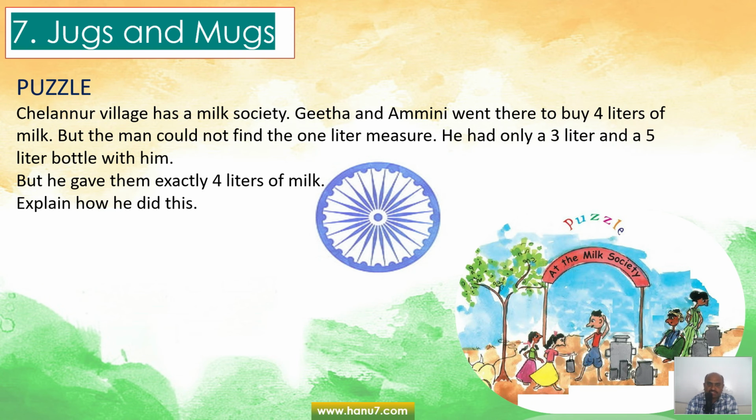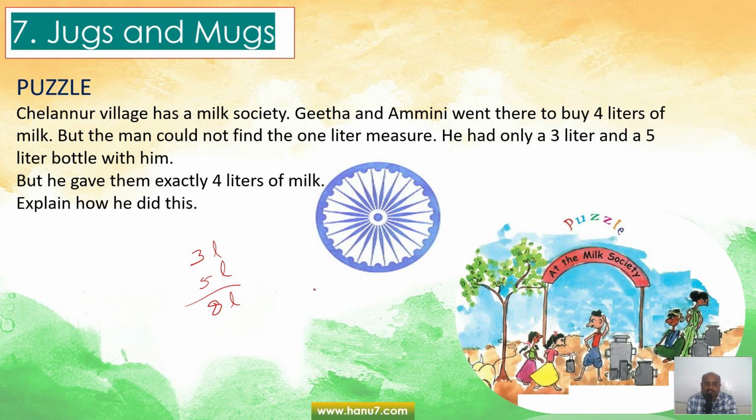So can you guess? There are 2 measurements with him. One is 3 liters and the other one is 5 liters. Okay, there are 3 liter and 5 liter bottles with him, and what he did is he took 3 liters and 5 liters of milk. It will become 8 liters, right?